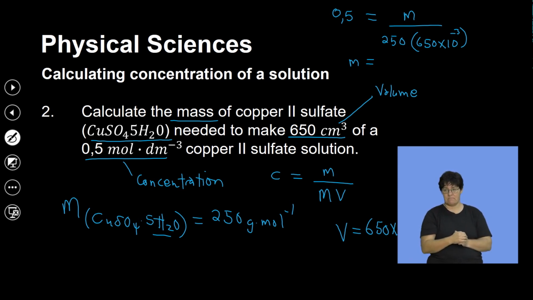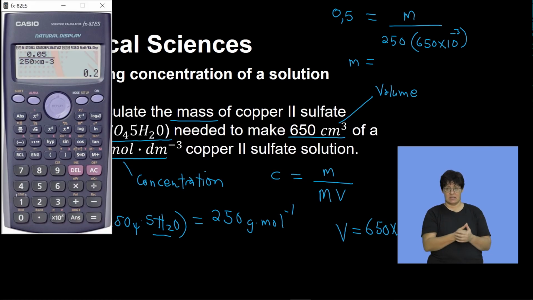Then if we go to the calculator just to get that value, now this is the maths part. It says here 0.5, that's the concentration, multiplied by the molar mass, which is 250, multiplied by the volume in cubic decimeters, which is 650 times 10 exponent negative 3.